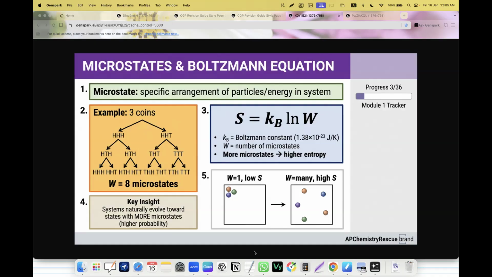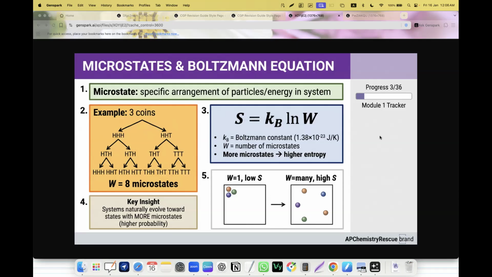So W, the number of microstates, is equal to 8. Using the equation, S equals k ln W, where k is the Boltzmann constant, 1.38 times 10 to the negative 23 joules per kelvin. This is a constant. The more microstates available, the higher the entropy.